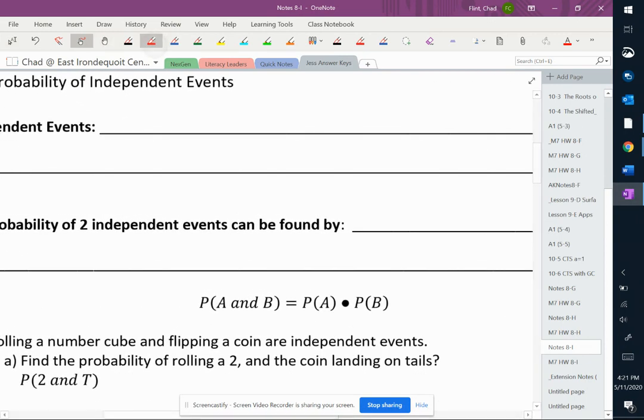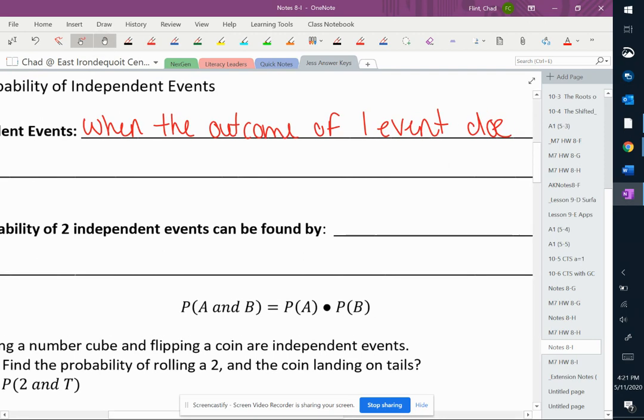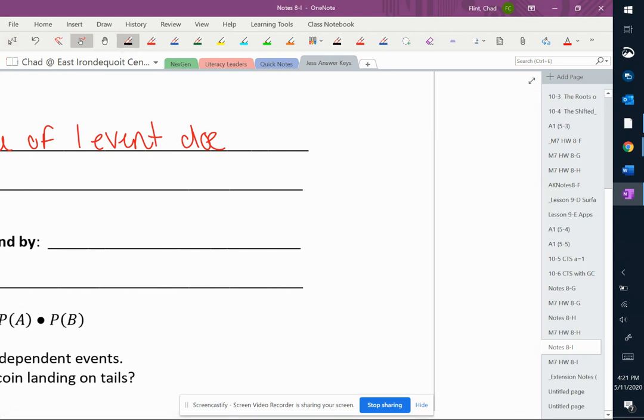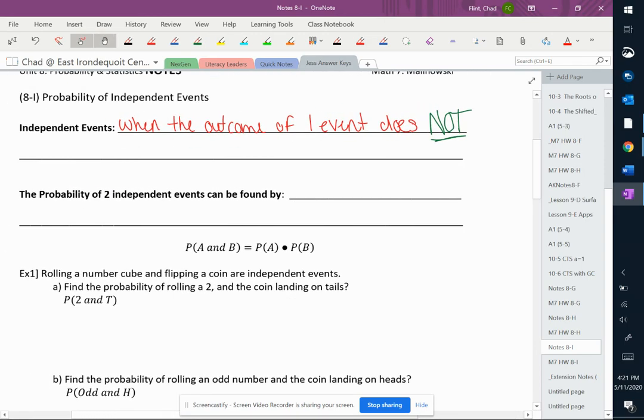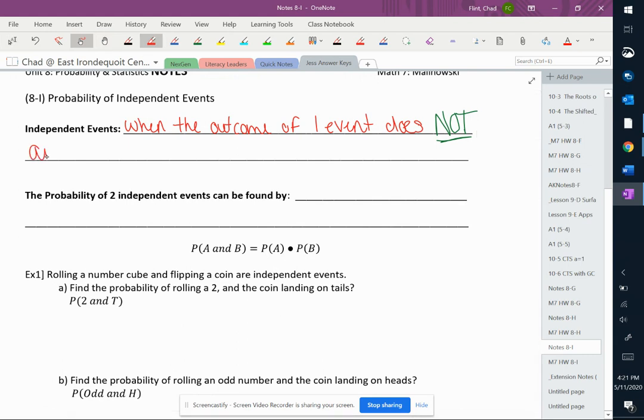So an independent event is when the outcome of one event does not affect the outcome of the other event.